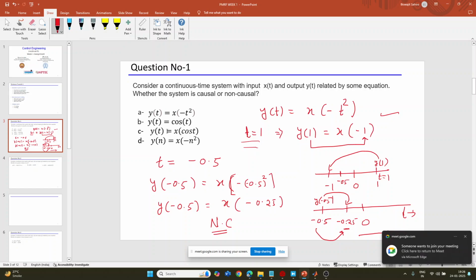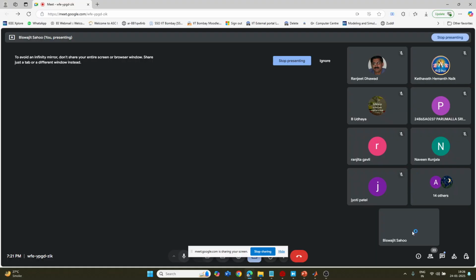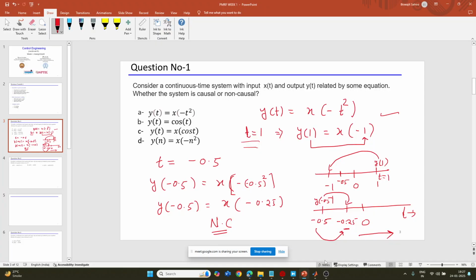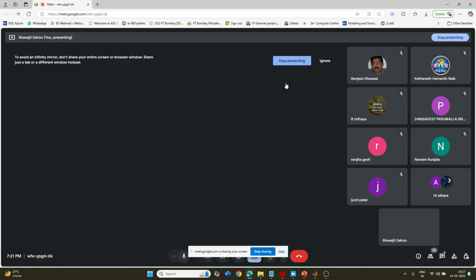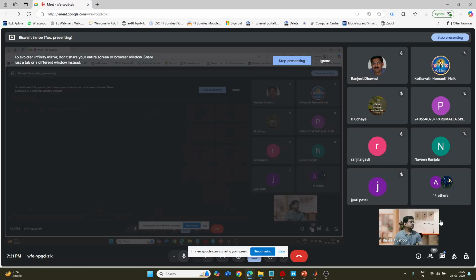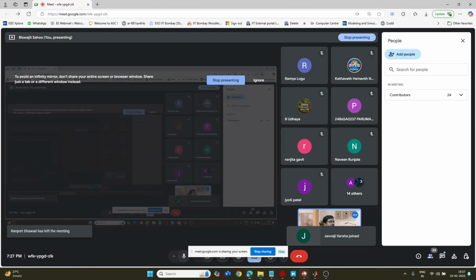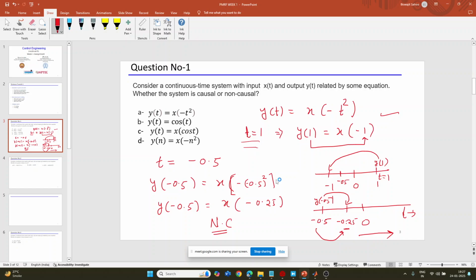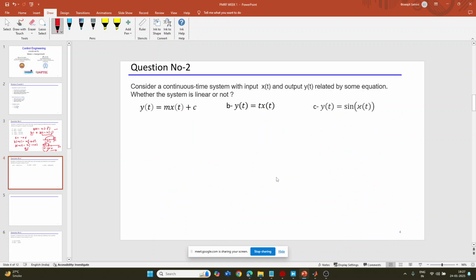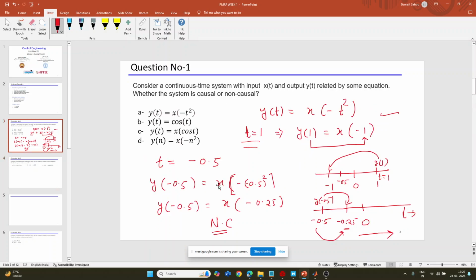Y of t equal to cos of t. Let's go to the second question. The second question is y of t equal to cos of t.